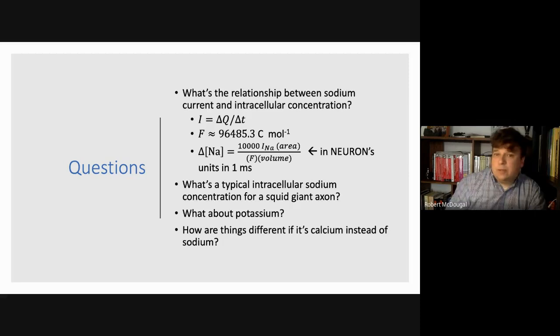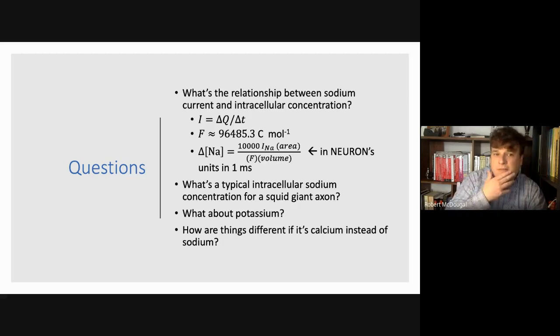And so, like I said, whether this has a big or a small impact is going to depend in part on the original concentration of the volume. In a squid giant axon, for example, your typical sodium concentration inside is going to be about 10 millimolar. Typical potassium is going to be about 54.5 millimolar.